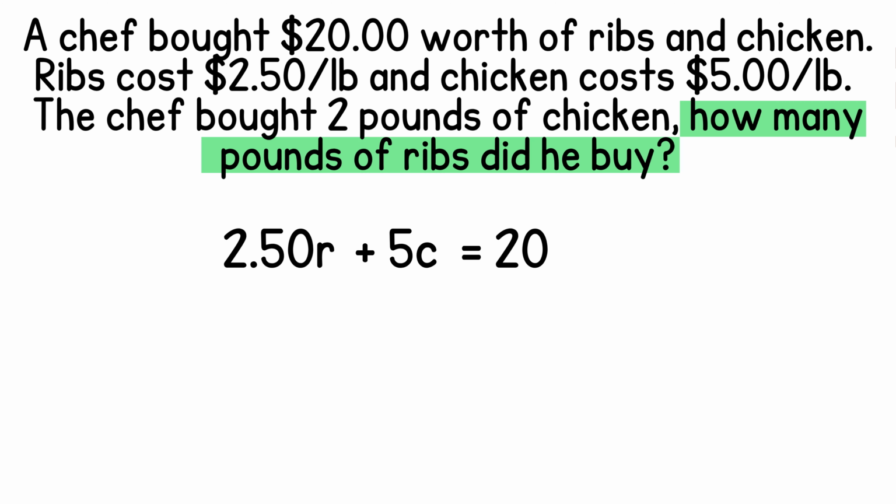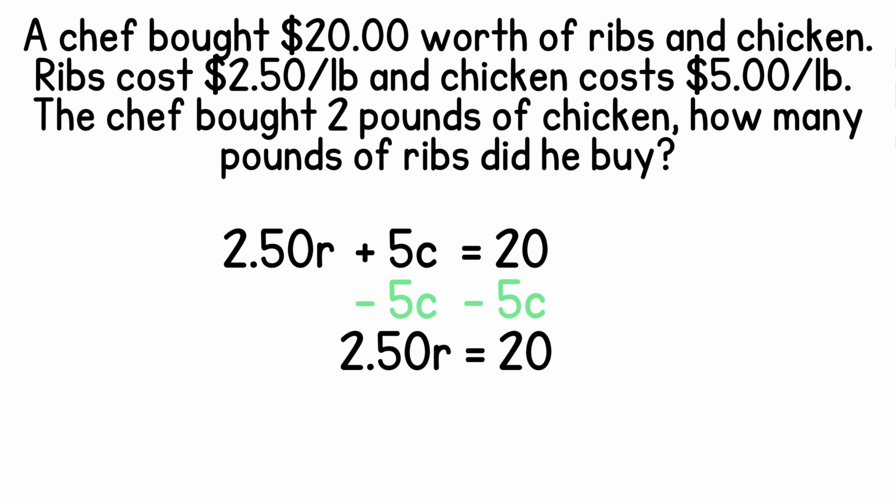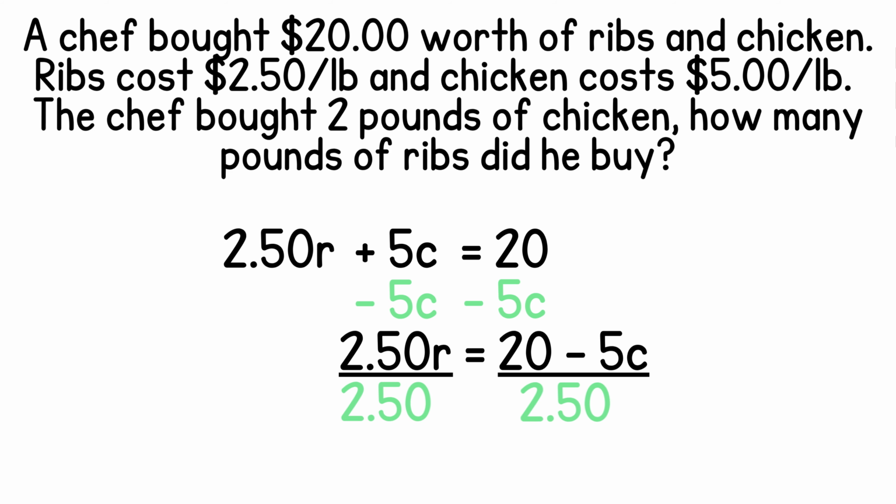Since the question is asking how many pounds of ribs he bought, we'll solve the equation for R. So we can isolate R by moving everything else to the other side. We'll start by subtracting 5C from both sides. This gives us 2.50R equals 20 minus 5C. Now we'll divide by the coefficient of 2.50, which gives us R is equal to 8 minus 2C.